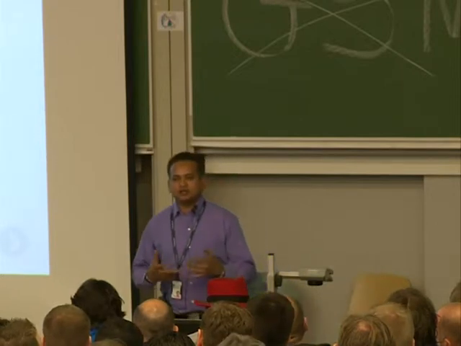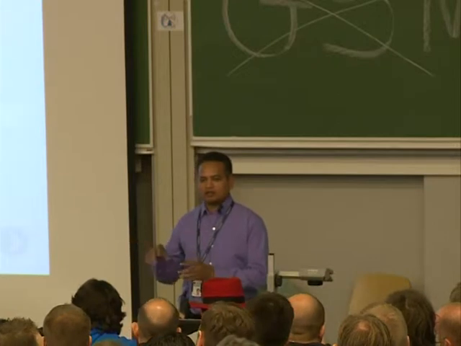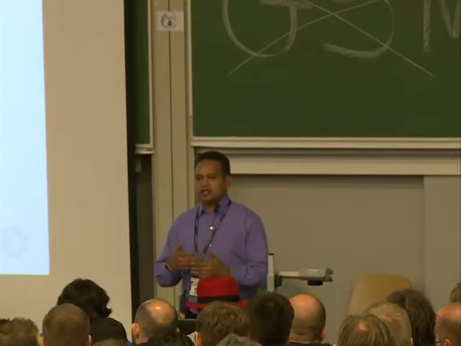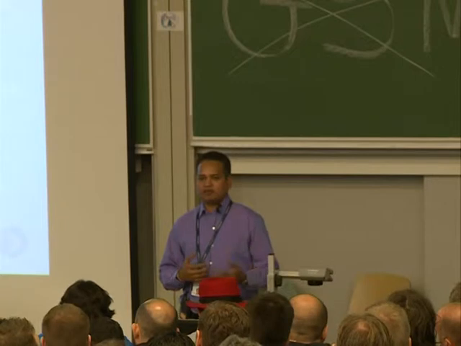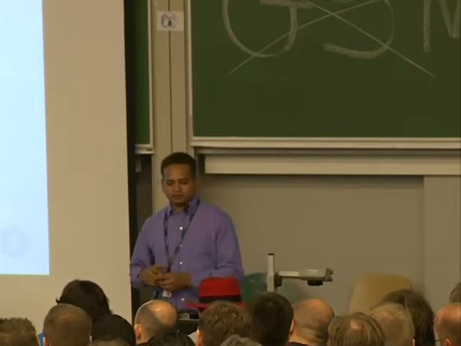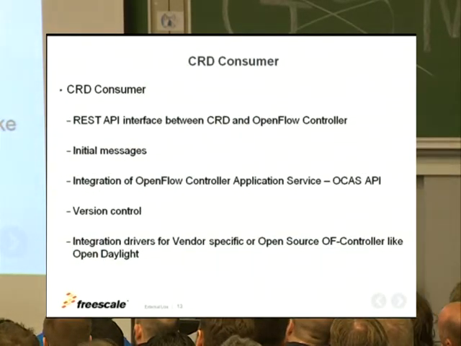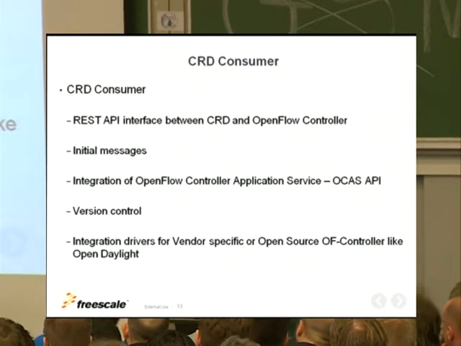And the CRD consumer configures the OpenFlow controller database. It configures all the data received and generated from the OpenStack controller using the integration API. So we'll see the CRD consumer on the OpenFlow controller, where there is a REST API interface between the CRD and the OpenFlow controller.